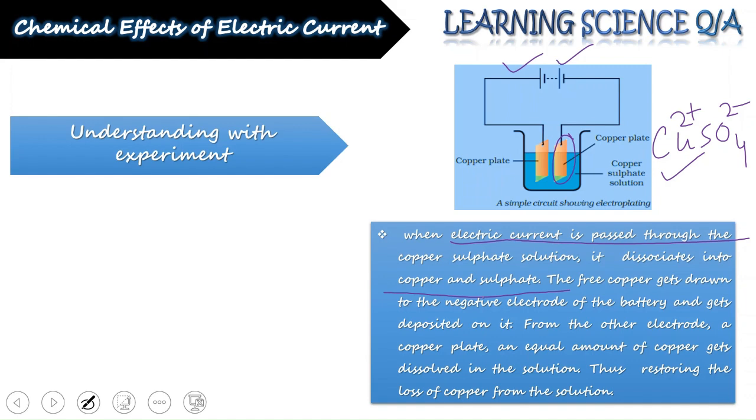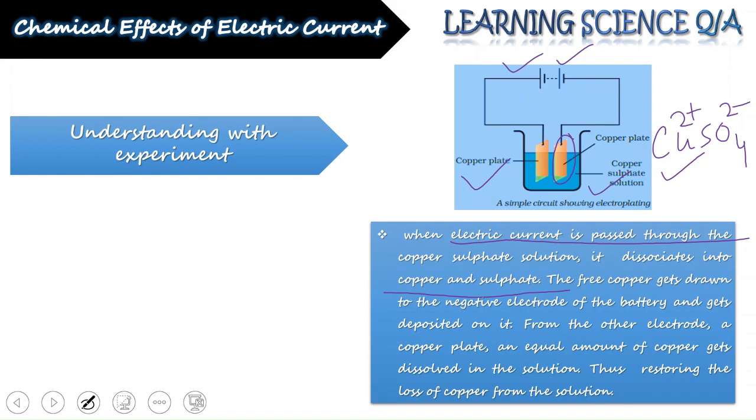Now always remember, copper ions are going from the electrolytic solution. So to compensate for the loss of copper from the solution, copper from the copper plate attached to the positive terminal will be lost and will get dissolved in the solution.